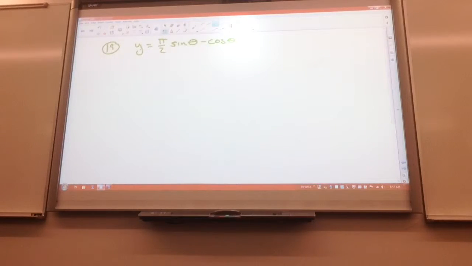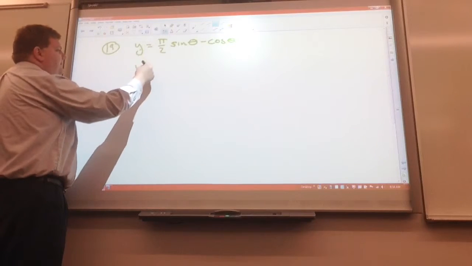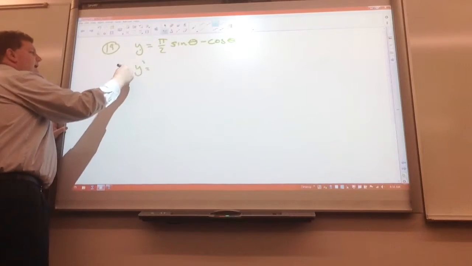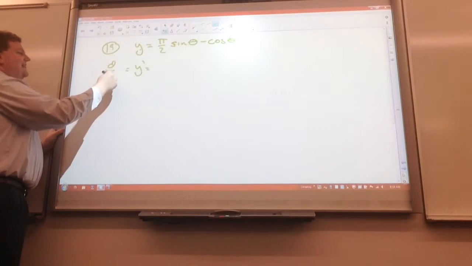But wait a minute, it's got thetas, not x's. Is that going to change how we do things? No, it just means our independent variable is theta, not x. So when we take the derivative, we take it with respect to theta instead of x. You can tell when this happens because they may write y prime, or you may instead write the derivative as d over d theta.